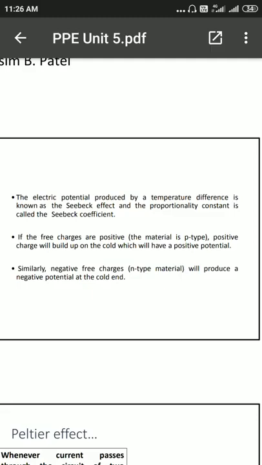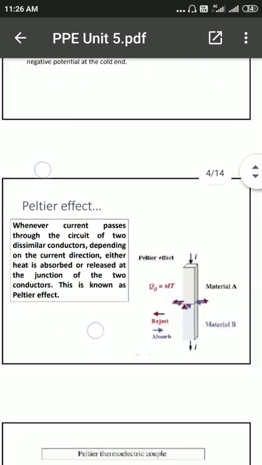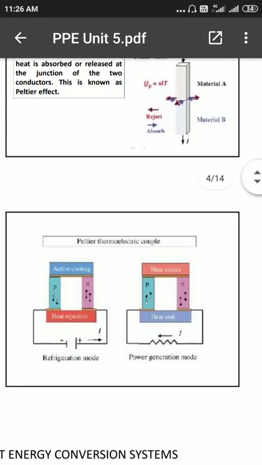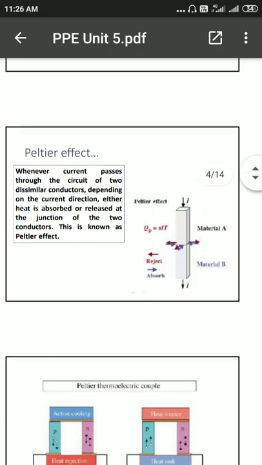There are two types of material. If the free charges are positive, the material is P type; if the free charges are negative, it is N type. This is also related to the Peltier effect.